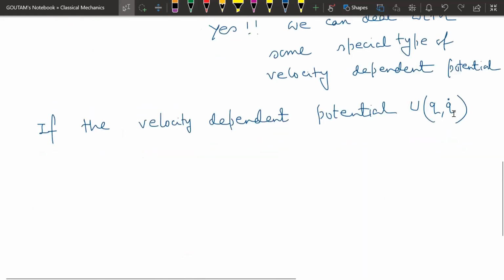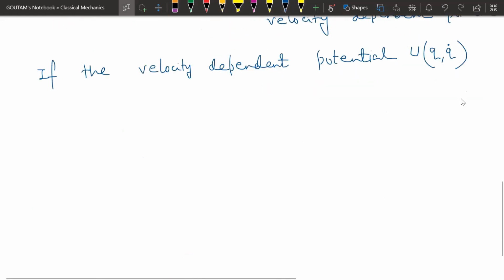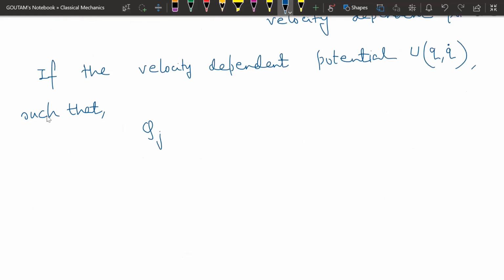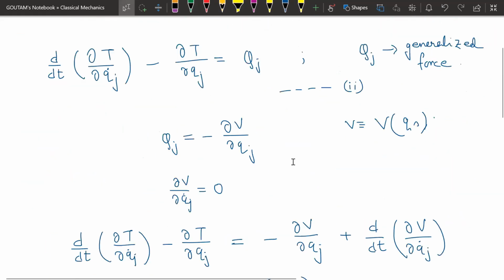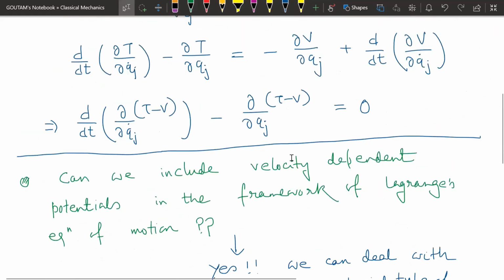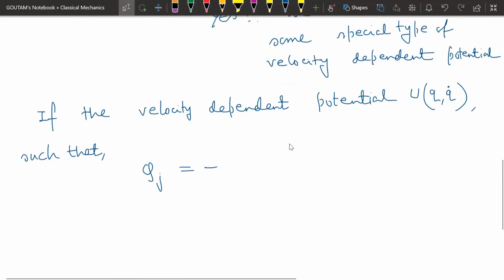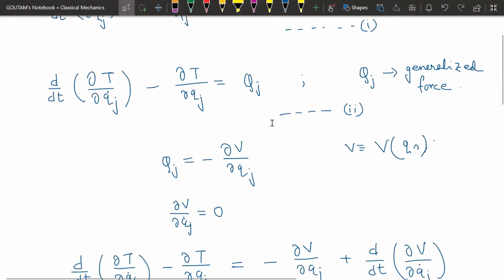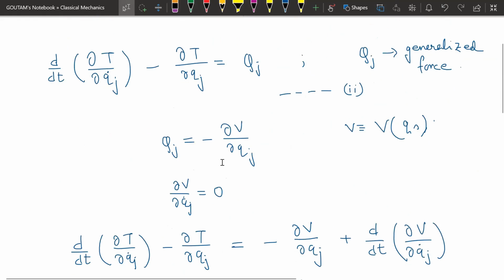In that case, if the generalized force derived from this velocity dependent potential has the term minus ∂U/∂q_j, this term remains, because this is like minus ∂V/∂q_j, where V was the velocity independent potential.